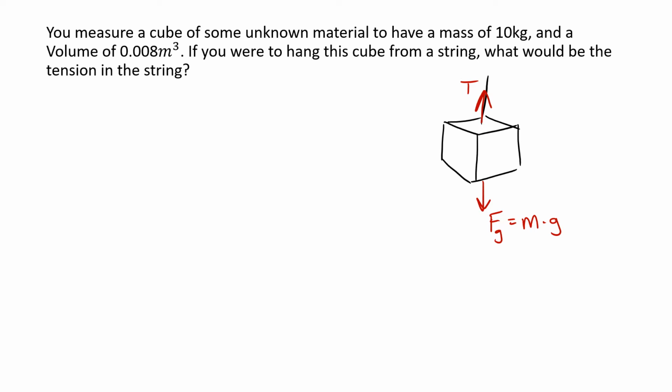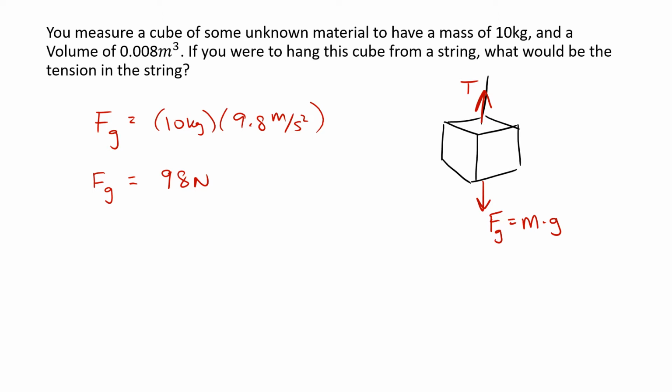The force of gravity, or the weight of this object in air, is equal to 10 kilograms times 9.8 meters per second squared. I made this an easy example. We have a force going downward of 98 newtons.